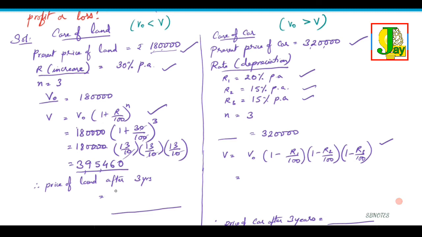So that's the final price. After 3 years we get rupees 3,95,460. So that's the price Mr. Durrani gets after selling the plot of land after 3 years.